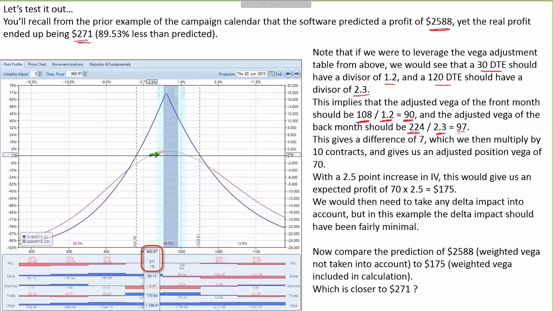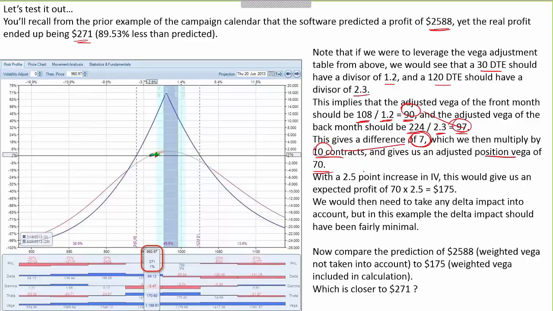That gives us a weighted Vega of 97. Notice that if you now compare these two numbers, the differential is only 7. Your weighted Vega is only 7 for that particular calendar. We have 10 contracts in this particular trade, so we're multiplying 10 by 7. That's going to give us a position Vega of 70.